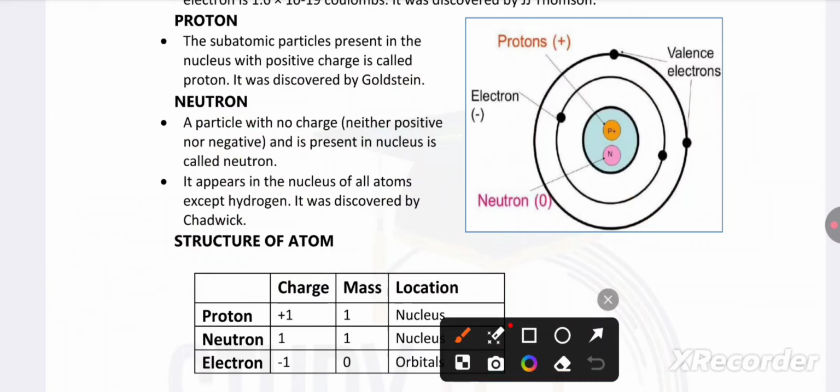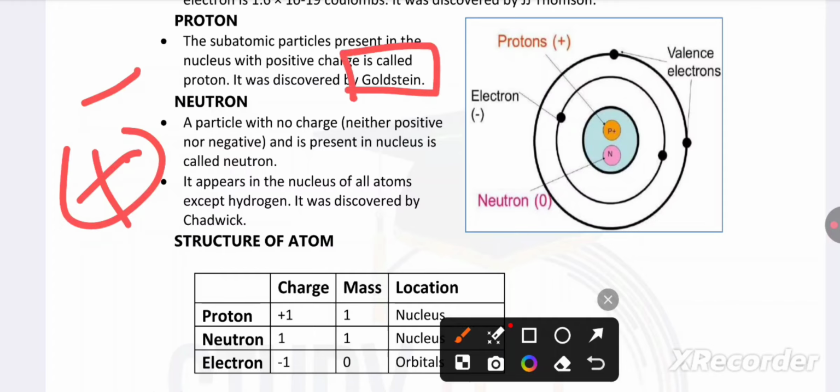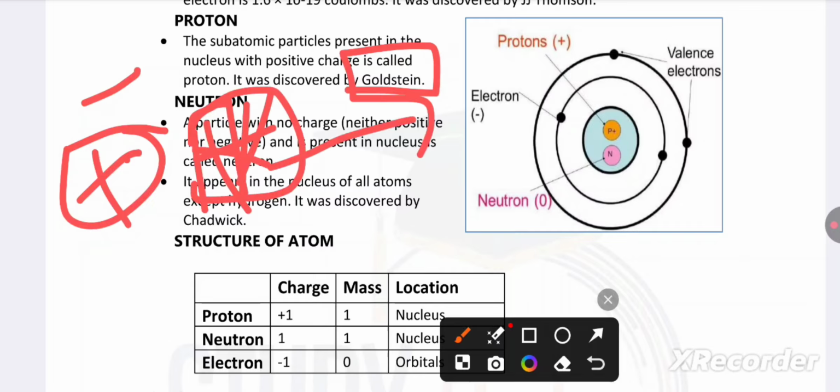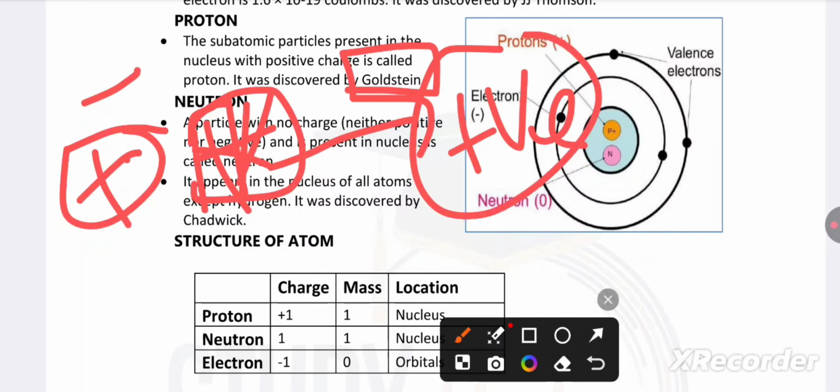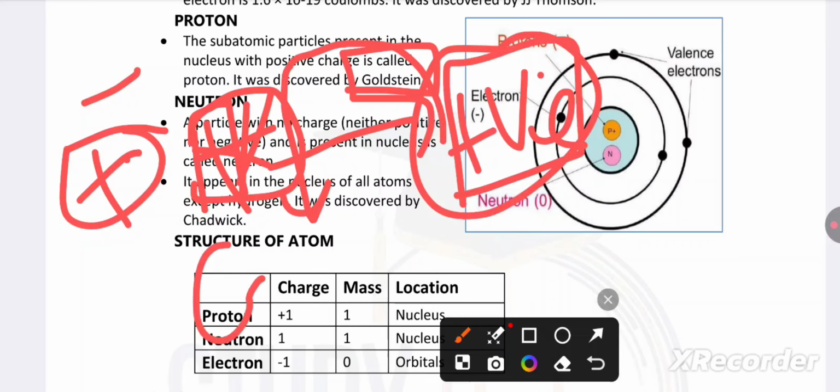As we know, the electron is negative, so the only option is that the proton is positive. When we have gold in our house, a large amount of gold stored, we are in a positive situation. So positive proton, discovered by Goldstein.